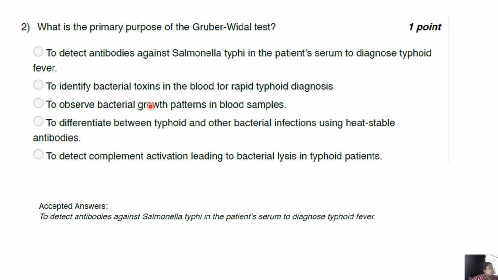Now the procedure sounds simple, but from a clinical point of view it's really complicated. Patient serum is collected and serial dilutions of that serum are prepared. Known Salmonella O and H antigens are added. Agglutination is observed visually, and the highest dilution showing agglutination is the antibody titer.